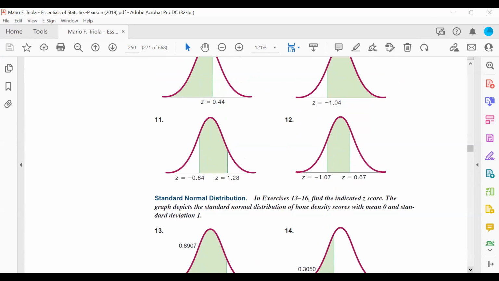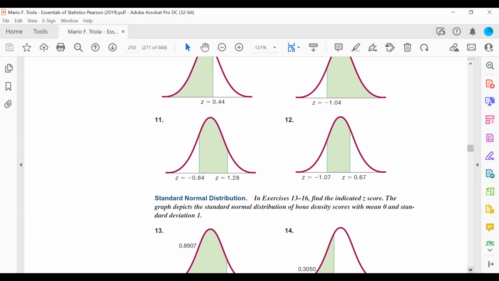So the proper way to write a probability with the in between is you write a capital P, parenthesis, and you start with the lower number, the number on the left. Negative 0.84 less than Z less than 1.28.